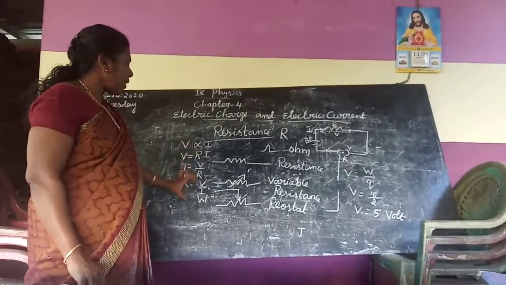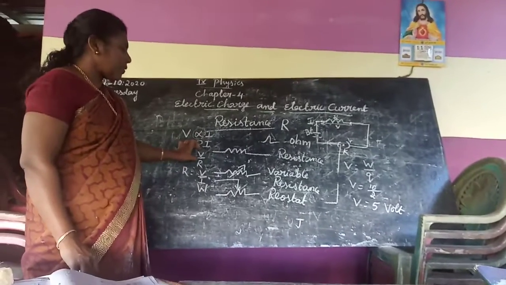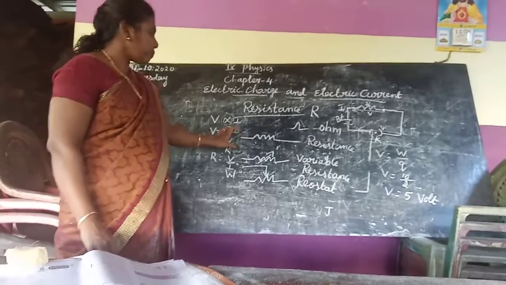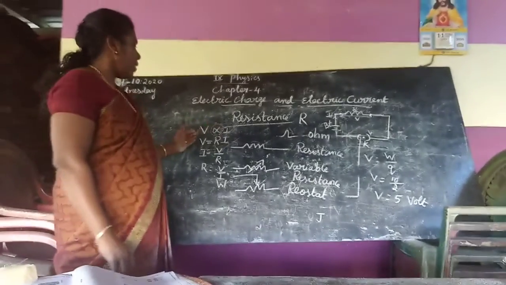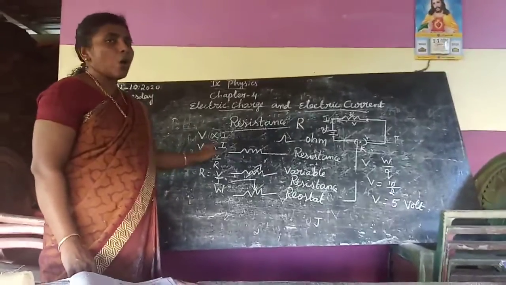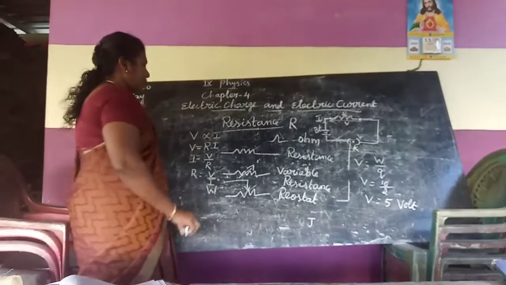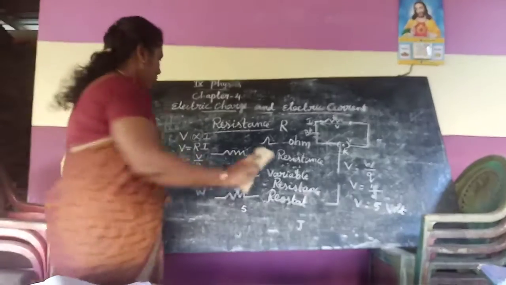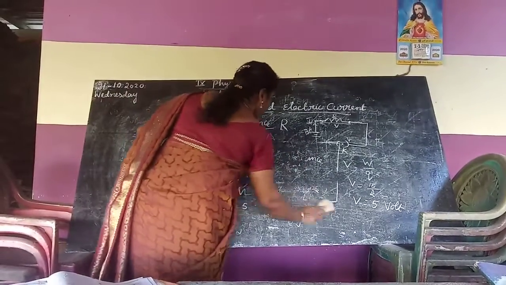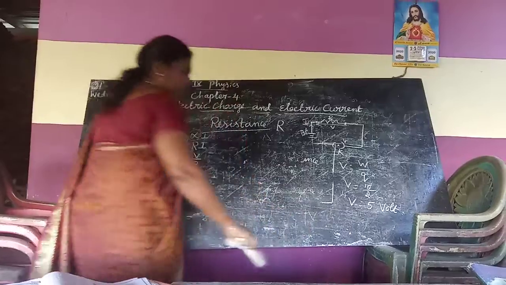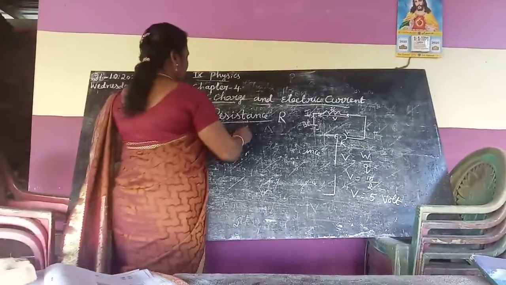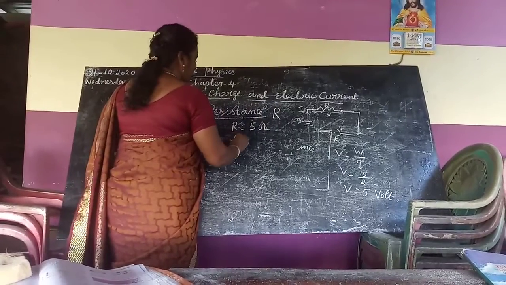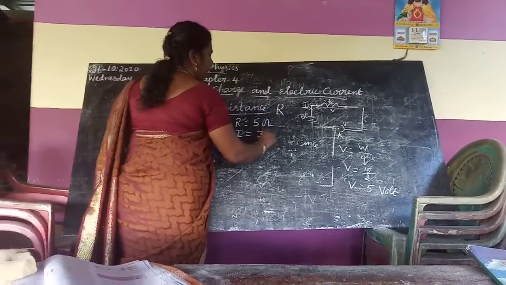Now regarding this problem also. If the resistance and current are given, what formula do you use? V equals R I, right? Now suppose resistance R equals 5 ohm, and the current I equals 3 ampere.